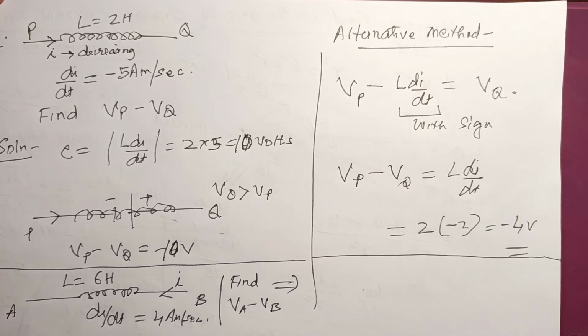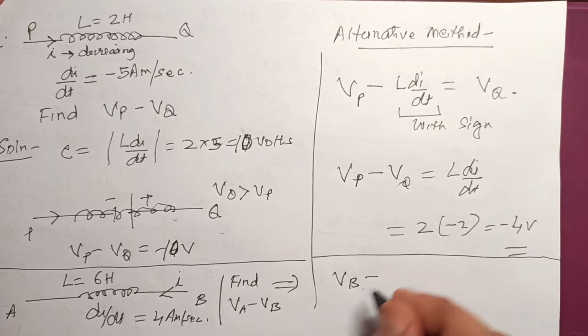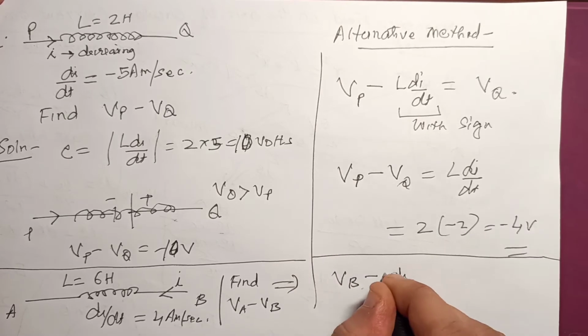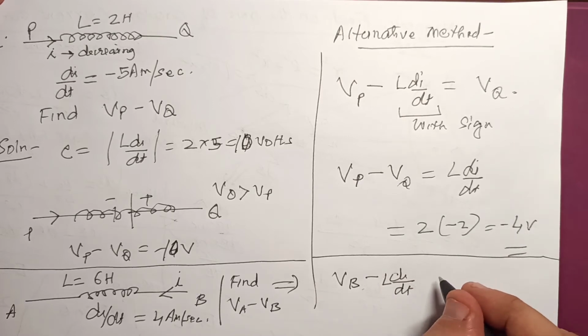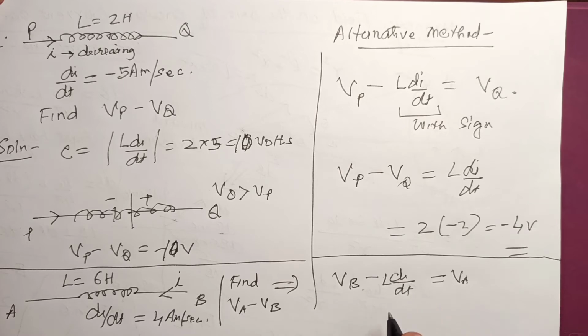See, it's flowing in the opposite direction, so I will say VB minus L di by dt, correct, is equal to VA. Or we have to find VA minus VB, take it that side.